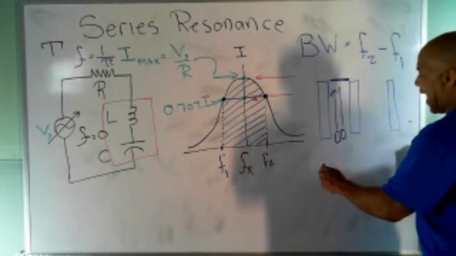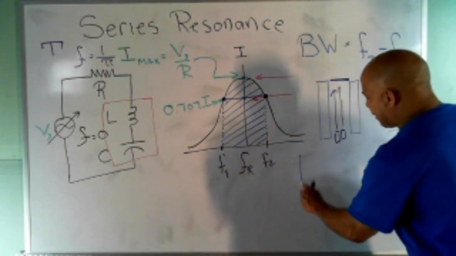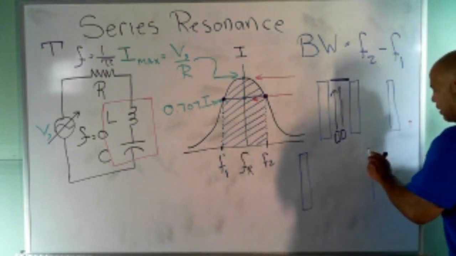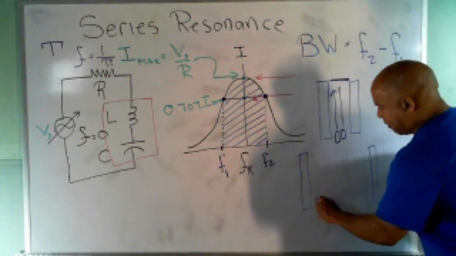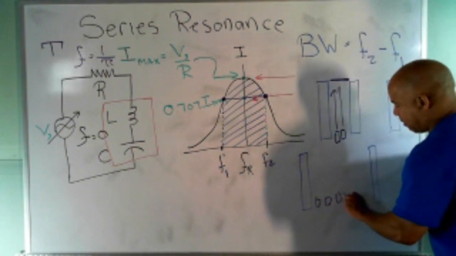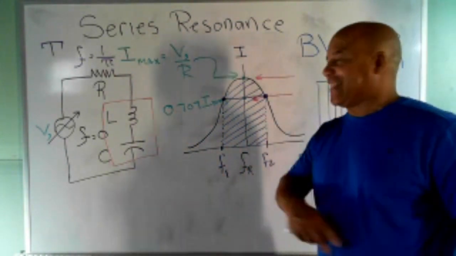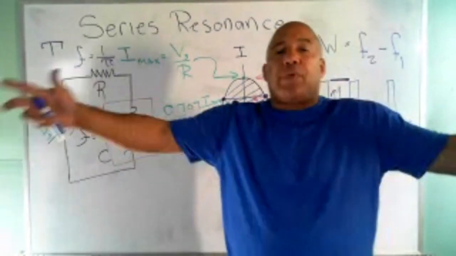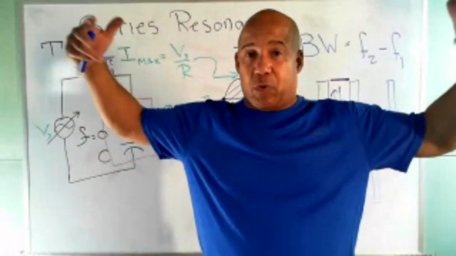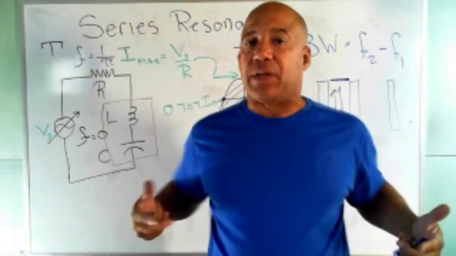But the wider the width, if I have these aisles way wider like this, then I can get a whole bunch of grocery carts moving through here, which represents information. Now that's kind of an abstraction, but it's exactly the same right here. When you talk about bandwidth, how much room do you have? How much, I'm doing air quotes, how much frequency room do you have to move information back and forth?